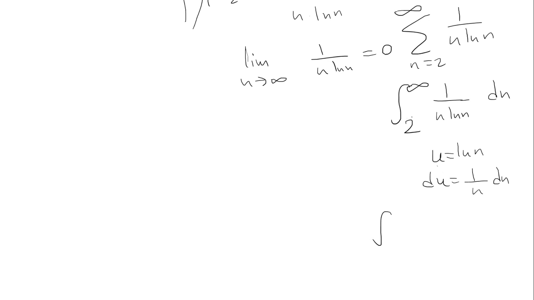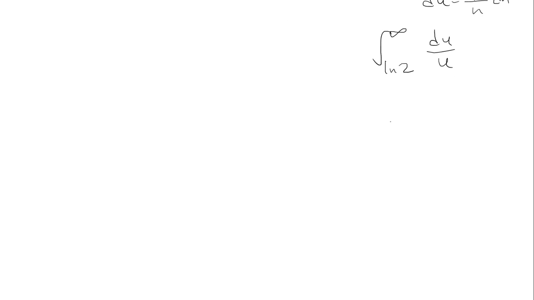These limits are in terms of n. Now when n is 2, u is ln of 2. As n approaches infinity, u also approaches infinity. And so inside I have du over u, which is ln of u, and that goes from ln of 2 to infinity.